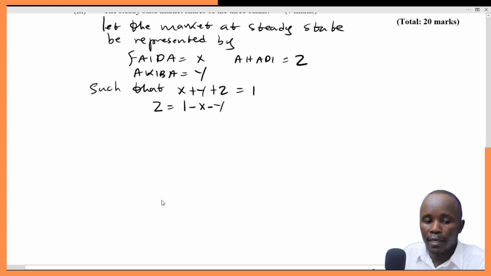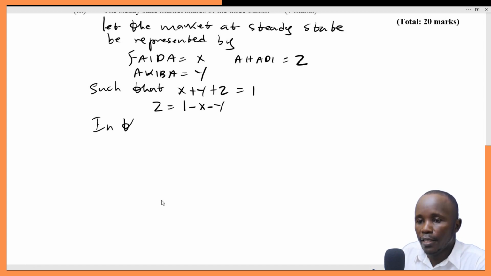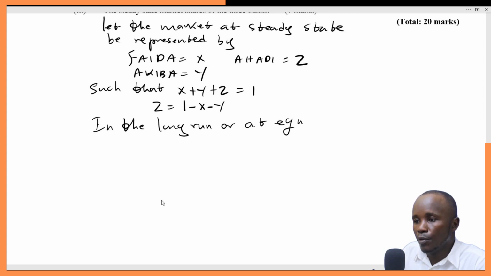We are saying the market share before and the market share after is the same. In the long run, or at equilibrium, these terminologies mean the same. In the long run, the market share remains constant.